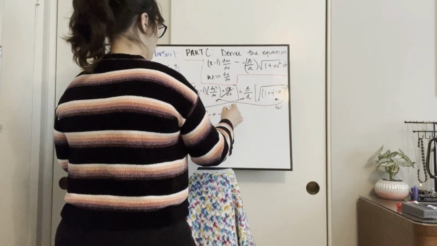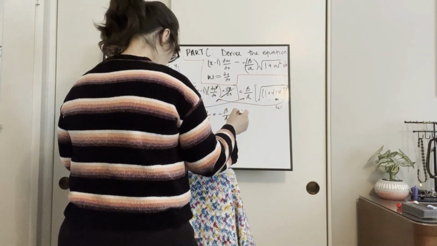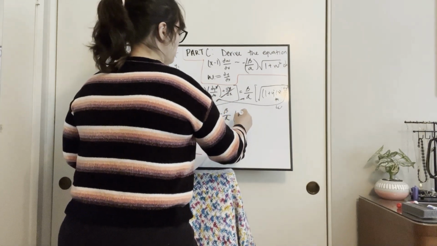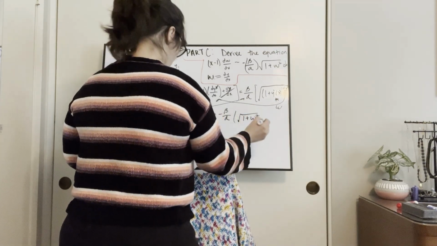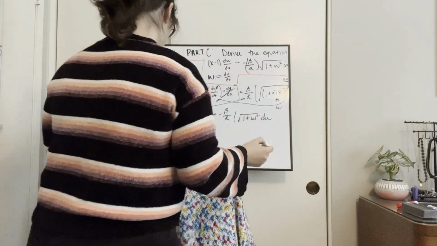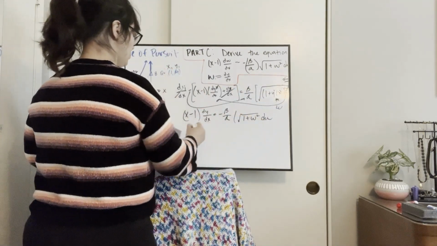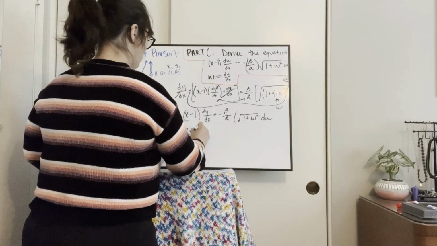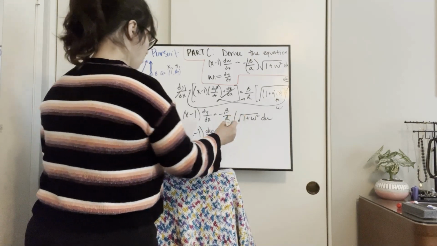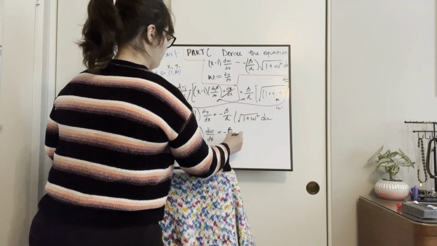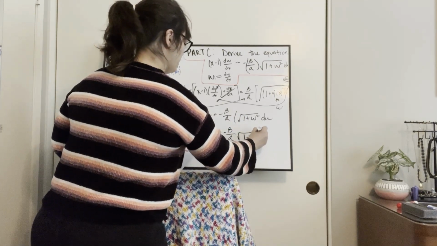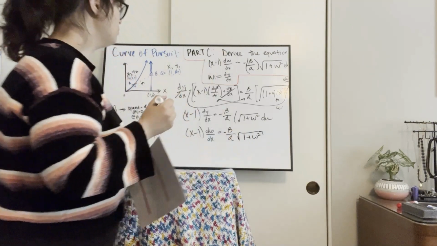So negative beta over alpha, okay, cool, times the square root of 1 plus w squared with respect to u, because there's still a du here. Okay, perfect. And then we're going to switch this last dy/dx to a w, which is going to equal negative beta over alpha times the square root of 1 plus w squared. Awesome, and that matches what we've been given.